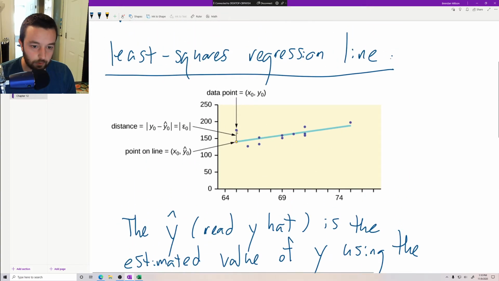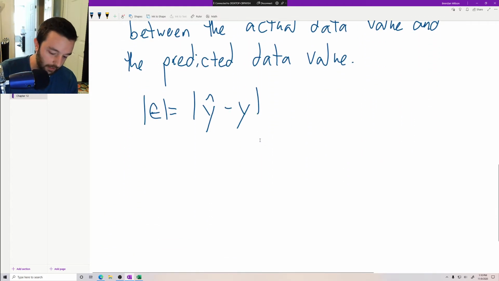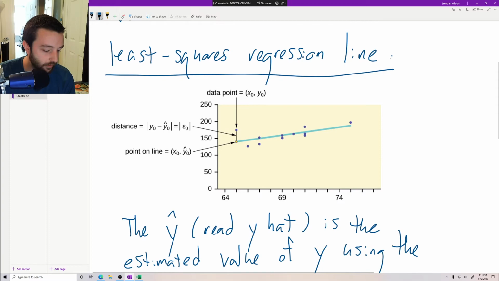So for this one, how many data points do we have? Well, we have 1, 2, 3, 4, 5, 6, 7, 8, 9, 10, 11, right? So that 0 is indicating the error for the first value, okay? If we were to take all of them and square them, it kind of changes the notation.